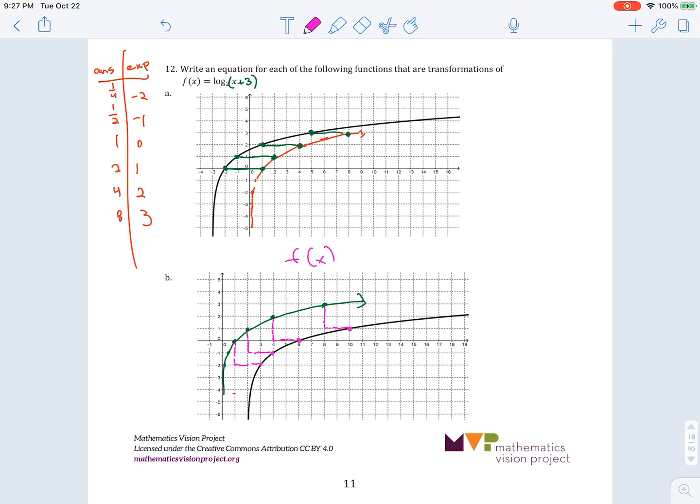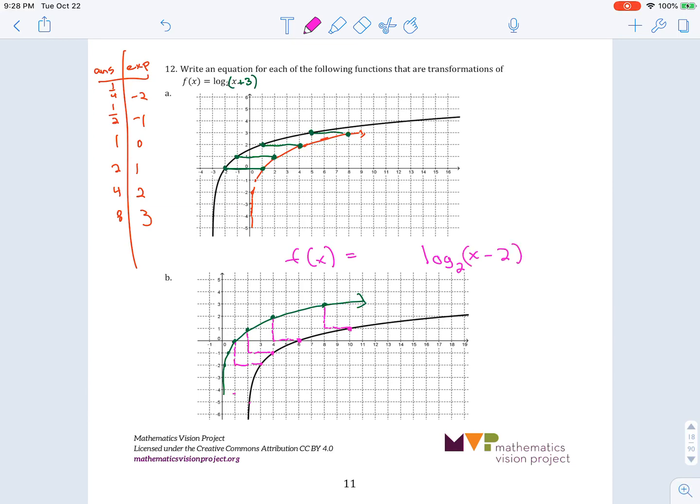So f of x is equal to log. Let's deal with the movement to the right first, and then we'll talk about how it moved down. So leave yourself space and write log 2 and then x minus 2.